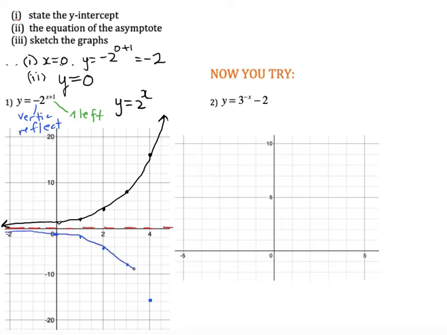Draw as smooth as you can. Yours can only be nicer than mine. The equation so far here is negative 2 to the power of x. And what we need to do now is shift everything to the left. So let's do that. There we are.